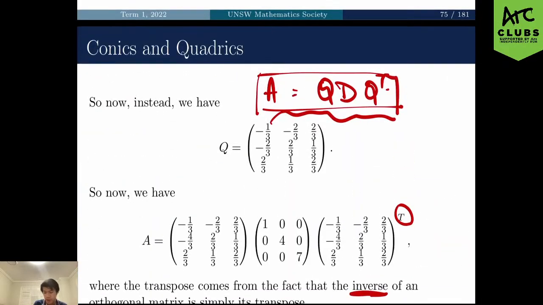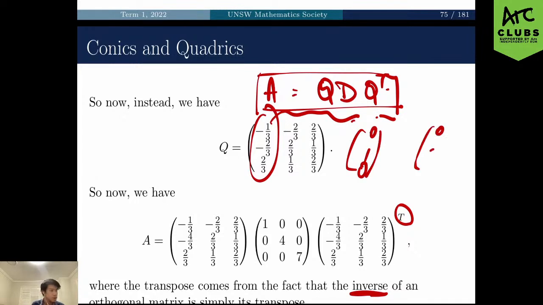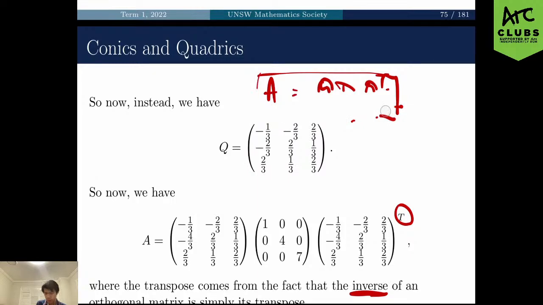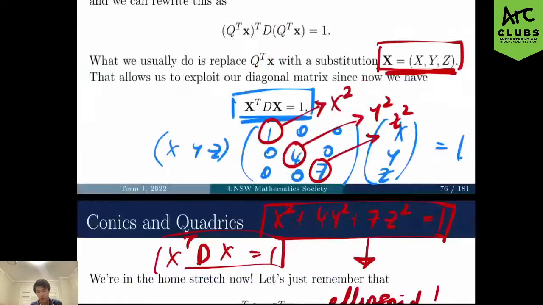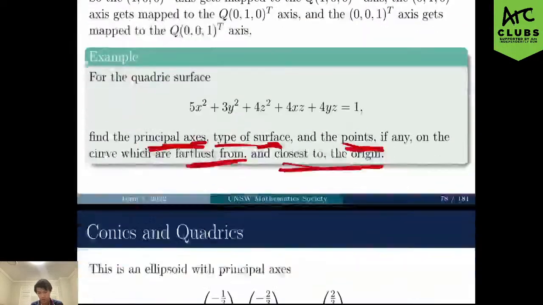Q times (1,0,0) is just the first column of Q from before, Q times (0,1,0) is the second column, and Q times (0,0,1) is the last column. So that's why the three principal axes are those three columns of Q.